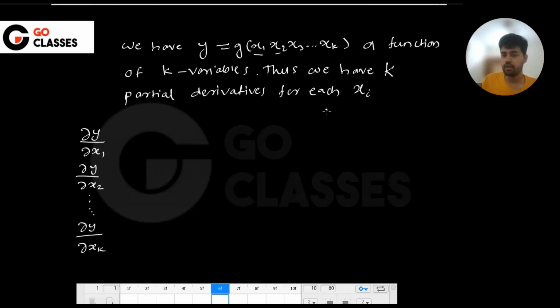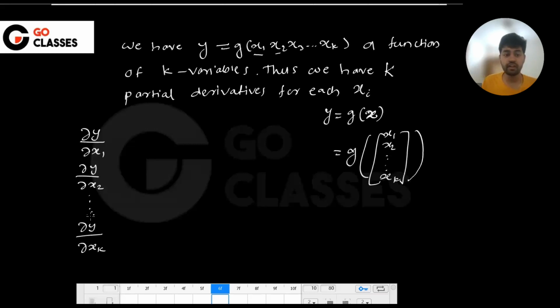Remember that we wrote y is equal to g of this bolded x, right? Which is basically g of x1, x2, up to xk, where I'm writing x as a vector now. We can consider this to be a vector as well. This vector is of size k cross 1, and the other vector will also be of size k cross 1, right?